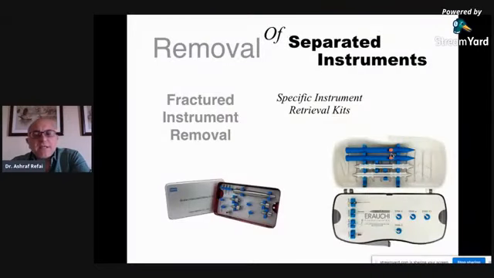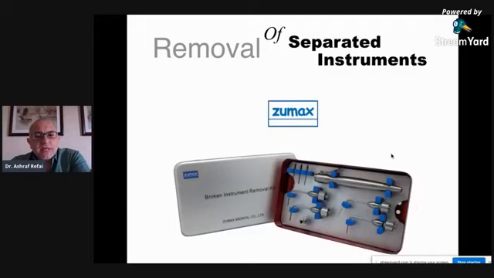Then you have, like I said, specific instrument retrieval kits. You have tube systems and you have loop systems. For instance, the Zumax system from our sponsor company, this is a tube system. It comes with different sizes of tubes.